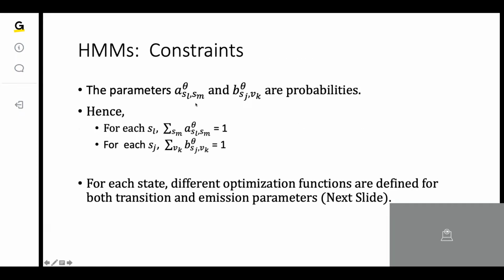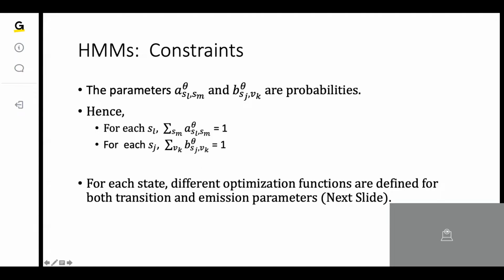Recall that the A's and B's are the transition and emission probabilities, and they should sum up to 1. For each sl, the transition probabilities summing over all possible reachable future states should sum up to 1, and similarly within each state, the emission probabilities summed over all possible words should sum up to 1.